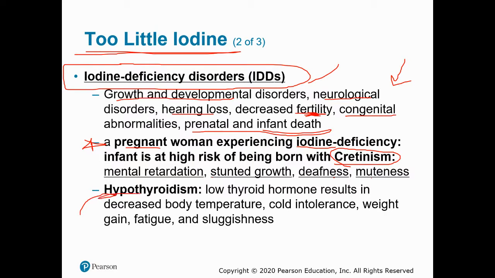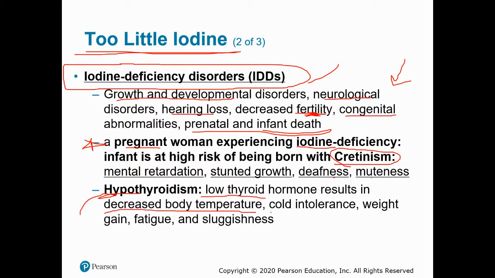For an adult or even for children or adolescents, we'd see hypothyroidism, meaning low thyroid hormone levels. This would happen if there was not enough iodine to make the thyroid hormones. Symptoms are going to be lower body temperature. Everything's going to be kind of hypo here.